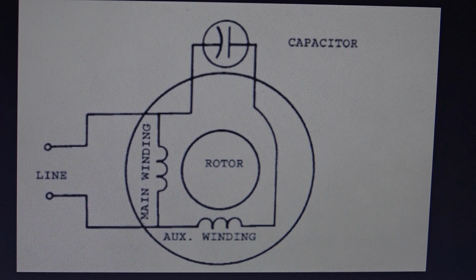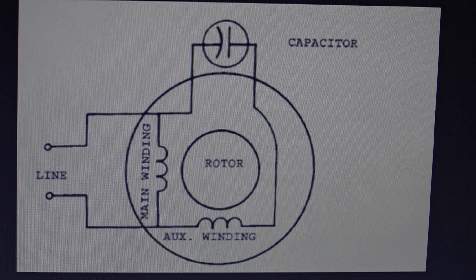That is essentially a weighted switch assembly mounted to the rotor, and once the rotor gets to a certain speed, the weights, through centrifugal force, will spin out and open the switch and disconnect the capacitor, because on a higher power motor, once it is running at speed, you no longer need the capacitor in the circuit. Lower power motors typically will keep the capacitor always in the circuit just because it improves the power factor of the motor. And again, these are lower power motors, such as a fan motor.